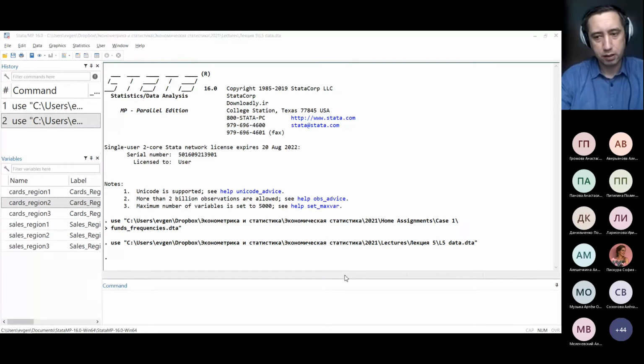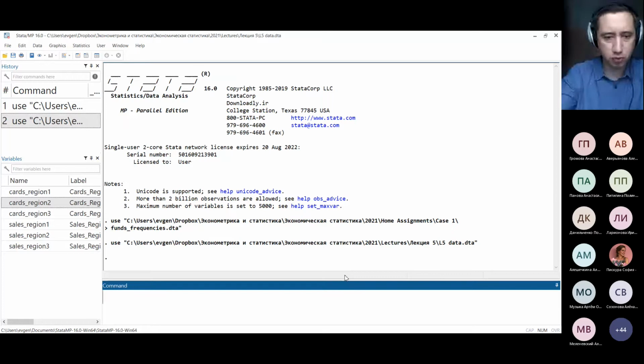First, prior to calculating the confidence interval, I promised you that we have to learn something new in Stata. So let's do this. First, let's learn how to record our actions or how to record outputs in Stata.